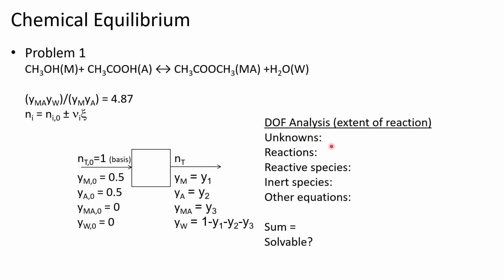The number of unknowns will be a plus term in the sum. The number of reactions will be another plus term, and we'll subtract off the independent reactive species, the number of inert species, and other equations. Why don't you try counting those now? I recommend pausing the lecture to do this, because we're going to continue, and I'll show you the results in the next slide.